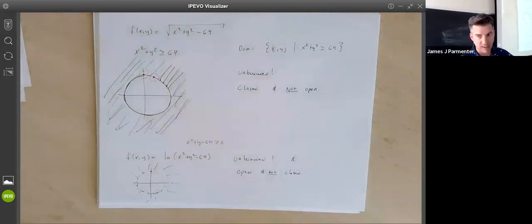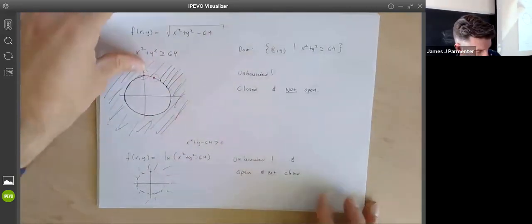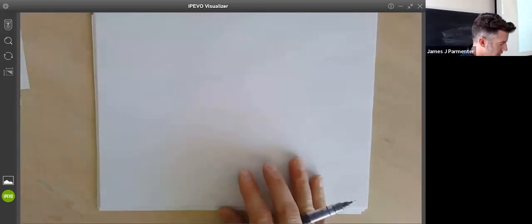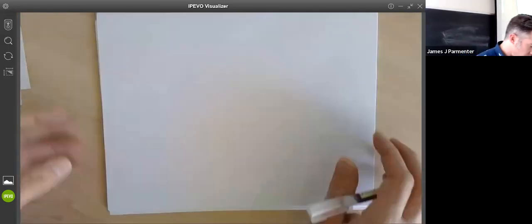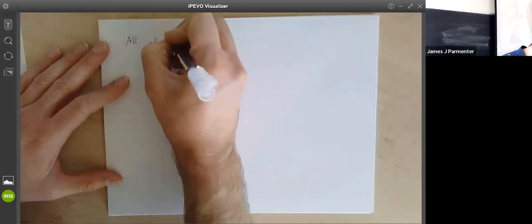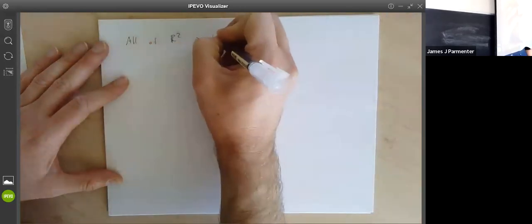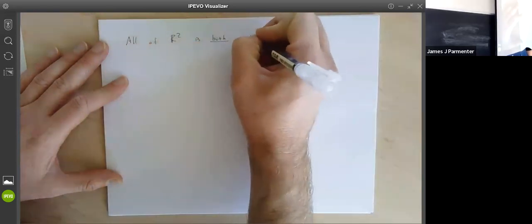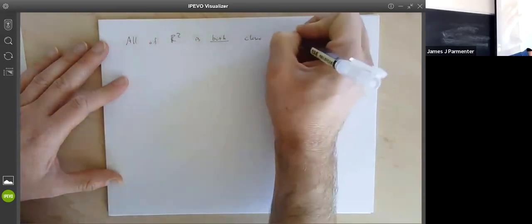The last thing I'll say about this, because I know it was asked, is, well, two things. One, once again, all of R2 is both closed and open.